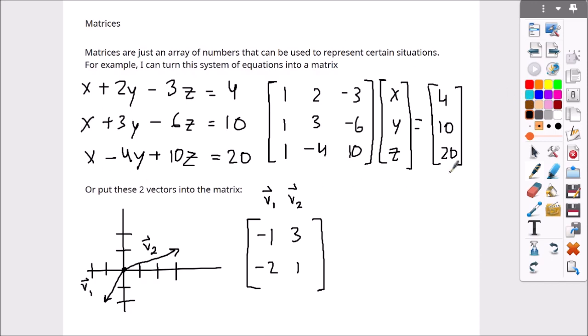Matrices are just like a storage unit for numbers, like a hard disk for numbers, but you actually get to see all the numbers. There are certain things you can do with matrices. I'm going to show you two things right here. I'm going to go with the bottom first because that's what we've been talking about: vectors.